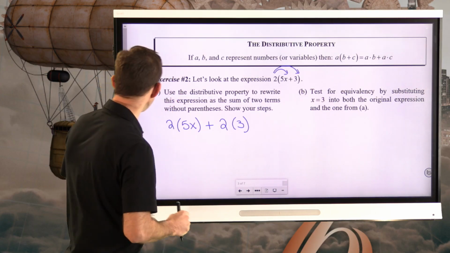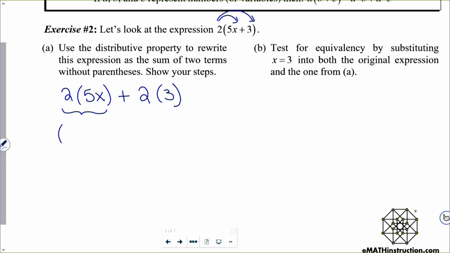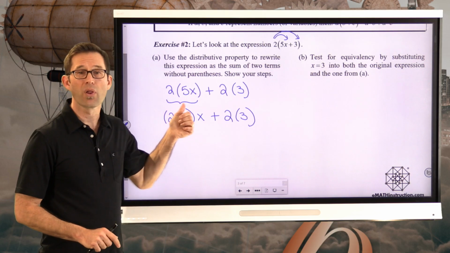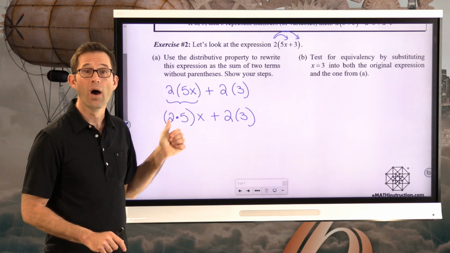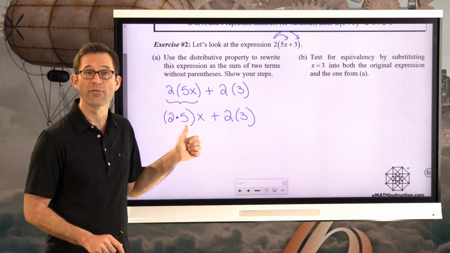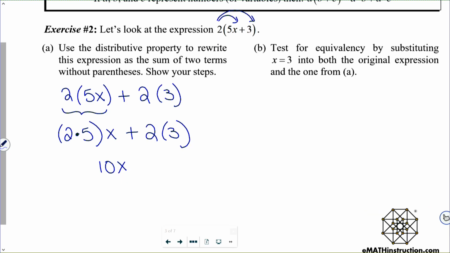So what I'm going to do is think about it like this: (2 times 5) times x plus 2 times 3. So even though the way that I originally write it implies that the 5 should multiply the x first, then multiply by 2, I'm actually going to do 2 times 5 first, which is of course 10. Now there's nothing else I can do besides put the x there, and then 2 times 3 is 6.